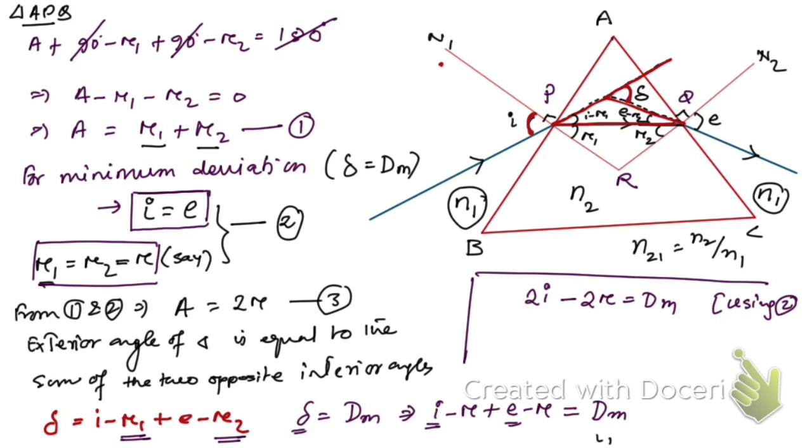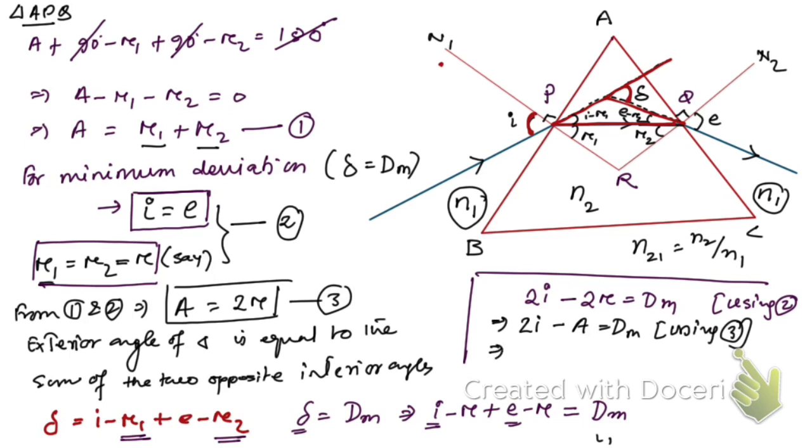Now, using equation number 3, you can replace this twice R by A. So you can write 2I minus A is equal to dm, and this implies that 2I is equal to dm plus A, and then angle I must be equal to dm plus A divided by 2. That's what we should get, right? That is I.